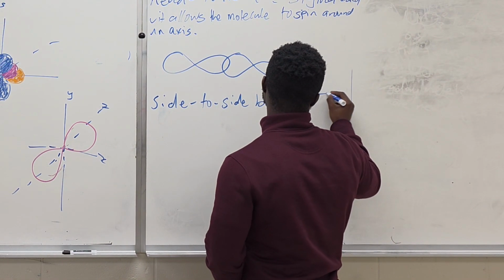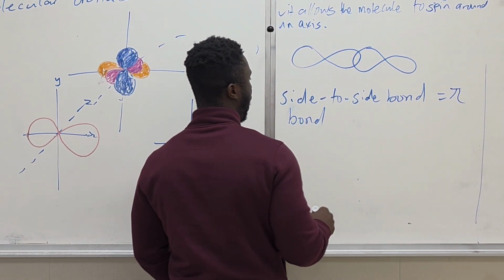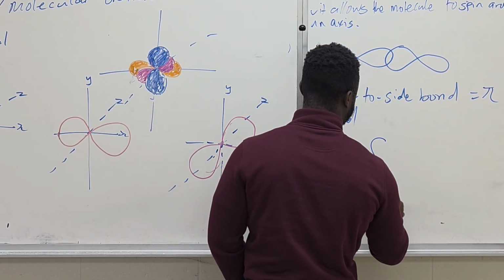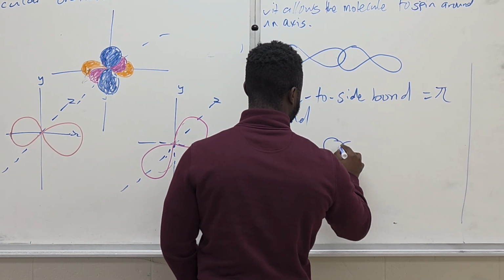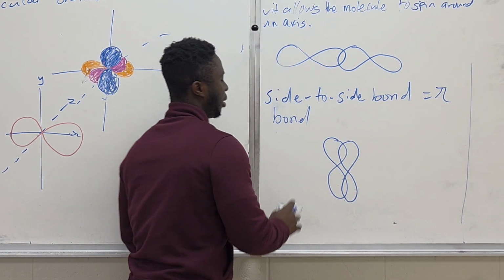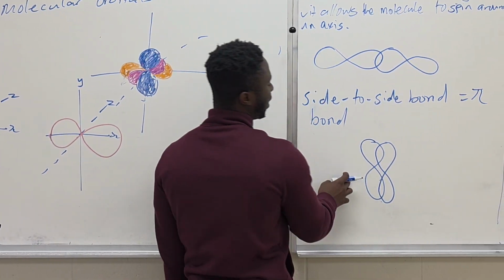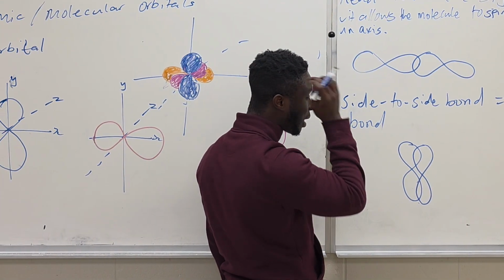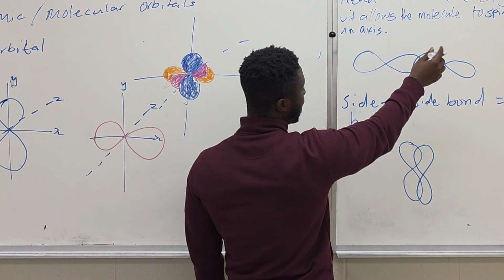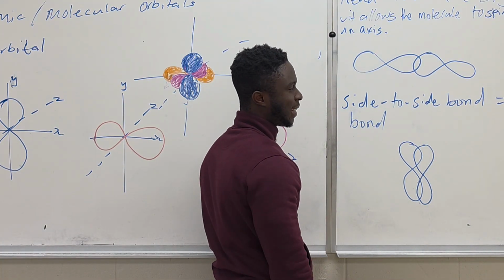A pi bond. And then a pi bond would also be something like this, right? Something like this would be a pi bond, the side to side. And the disadvantage of this is that it does not allow the free rotation. It doesn't allow the newly formed molecule to spin on its axis.